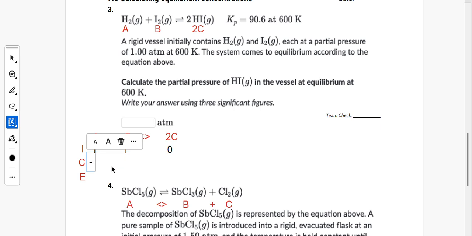We're going to lose X here, and then we're going to gain X. Finally, we're going to go to 1 minus X, and then here it's going to be 2X. And again, because it has a coefficient, that 2 actually should be added right there.